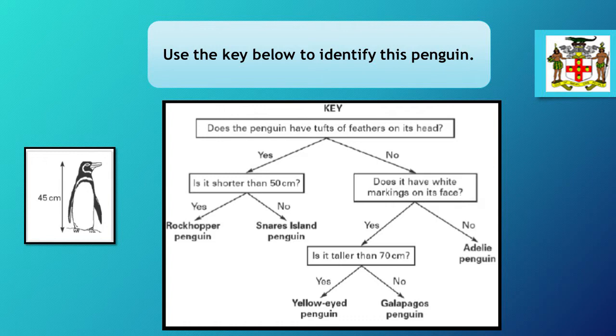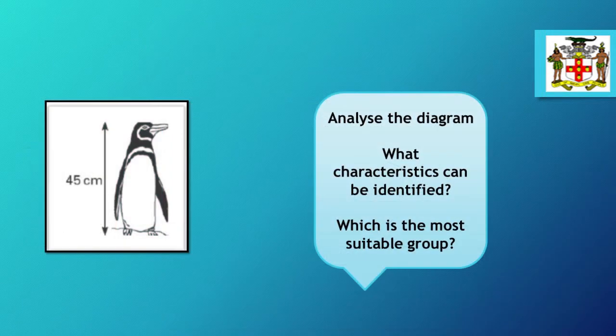So let us look a bit closer at this penguin. Let us look at what is shown here. What characteristics can be identified from the diagram? Are you looking closely? Well, at first we see that the height of this penguin seems to be about 45 centimeters.